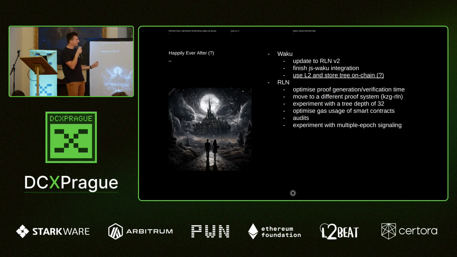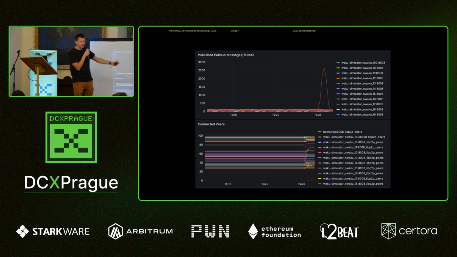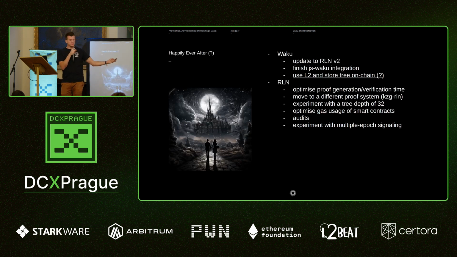So we are looking at options for how to optimize this. And one of them, and we have this research topic here, is to basically use some L2 instead of Ethereum directly so that it's cheaper, and then store the whole tree on chain, which would allow the JS client to just download it from the chain in one go and just use it, which would be great.